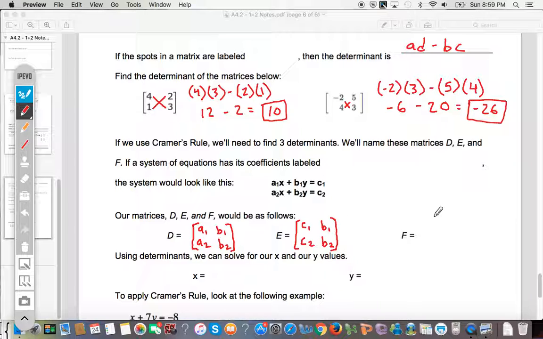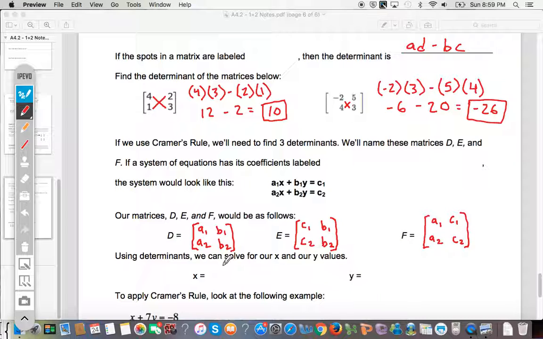Okay? And F is A1, A2, C1, C2. Okay? So this is what we're trying to do. We need to find the determinants of these 3 matrices.